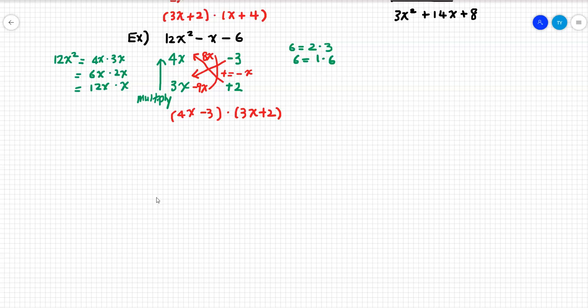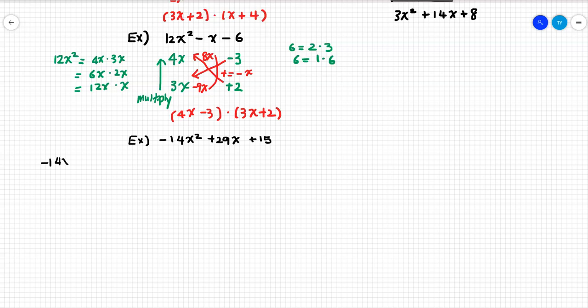Let me try one more here. So this time I have minus 14x squared plus 29x plus 15. Again, we're going to have to look for the combination.